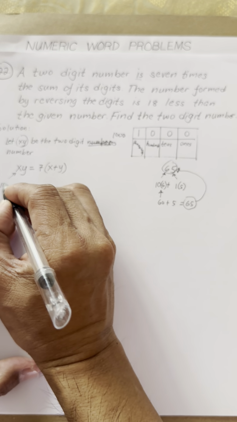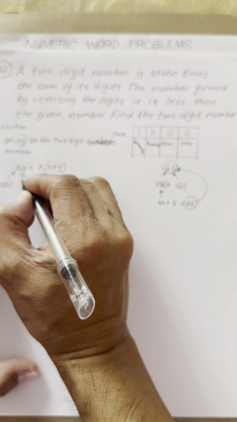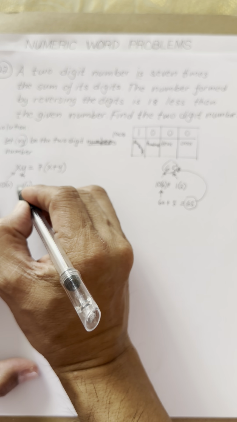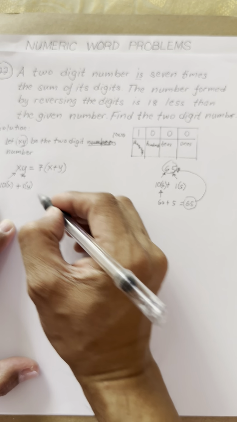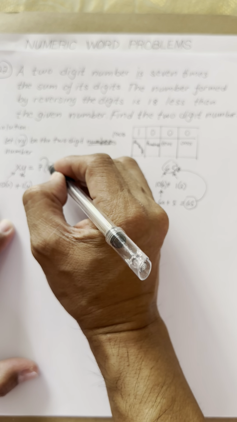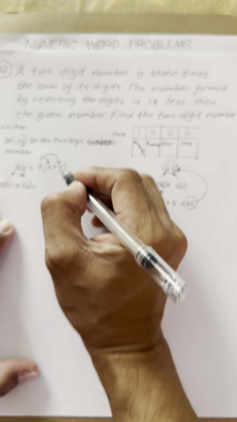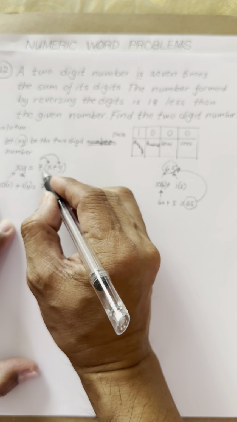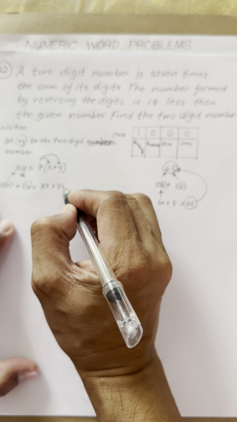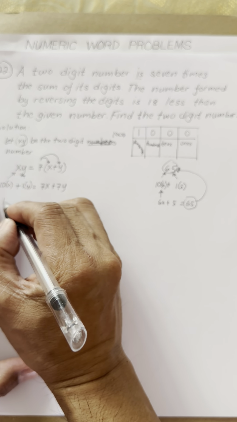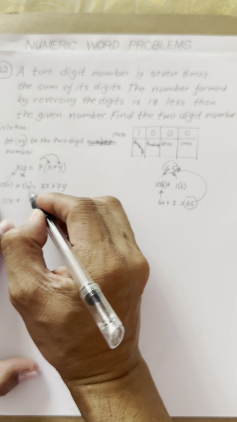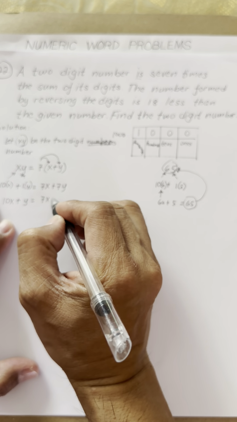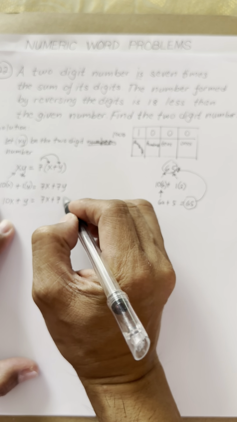So we have 10 times x. Our y is the placeholder of 1. So 1 times y. And then we just add the two, equals, so apply the distributive property of multiplication. So we have 7 times x equal to 7x, 7 times y equal to 7y. 10 times x is simply 10x plus 1 times y is y, equal to 7x plus 7y.